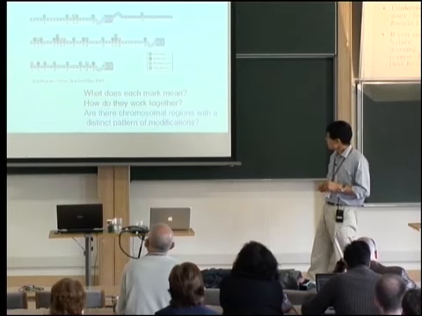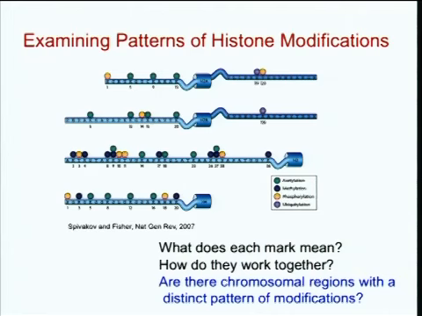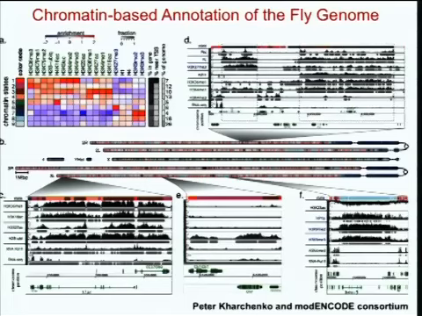Okay? And so one thing that we tried to do is we profiled as many as we could based on the available antibodies, and asked the question, are there chromosomal regions with distinct patterns of modifications? Looks a bit busy, but let me just walk through this. This is work done by Peter Kurchenko in my group, and the data have been generated by this consortium called Model Organism ENCODE. This is the fly genome.